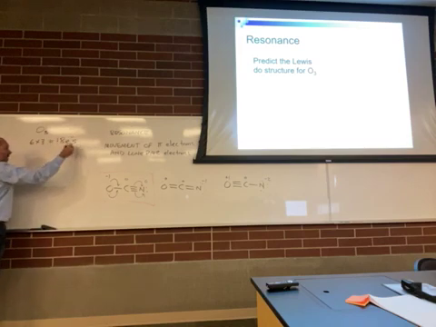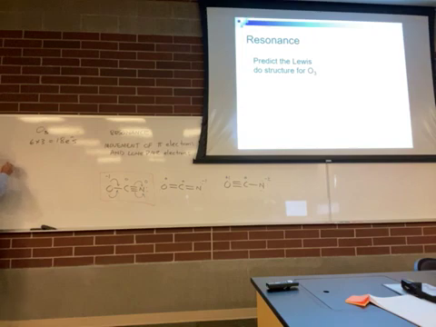So I need to worry about 18 electrons. One way to do it is to do this. 2, 4, 6, 8, 10, 12, 14, 16, 18. So every oxygen in that molecule has an octet, with all the electrons accounted for.